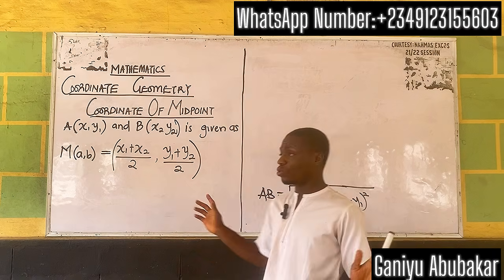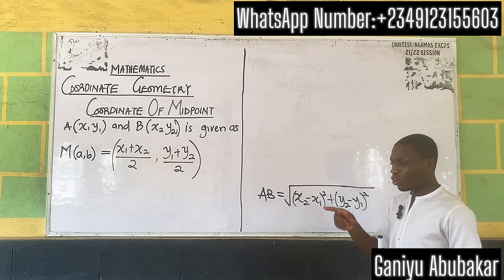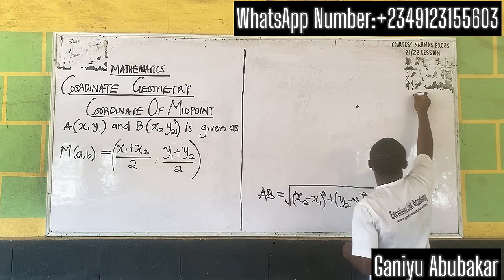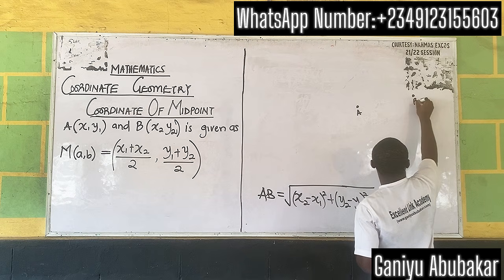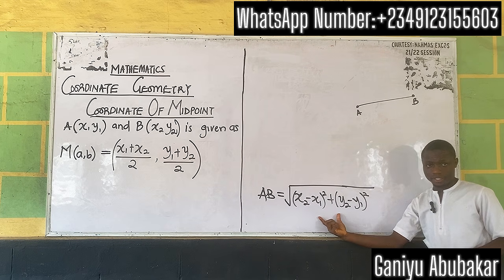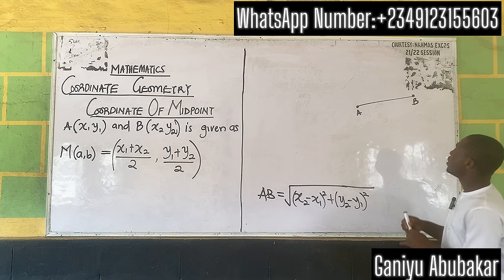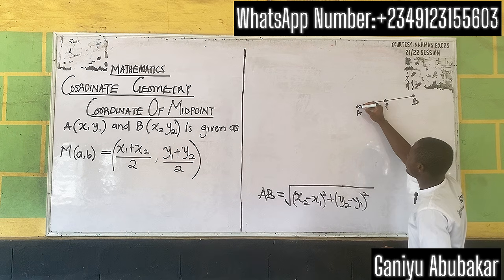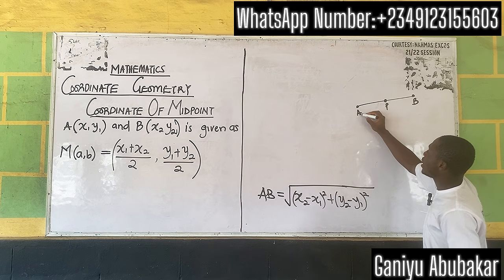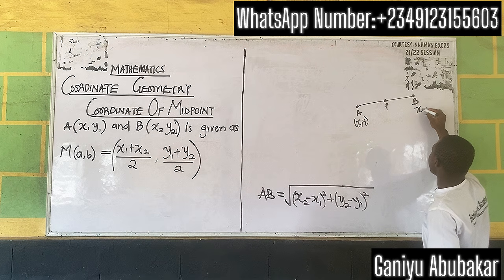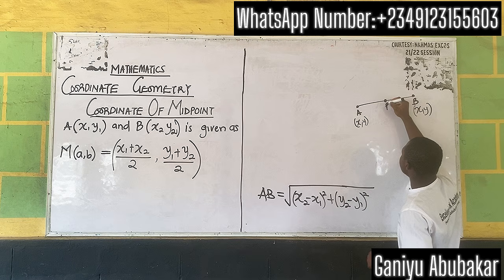Now, here is the idea to note. Last class, the first thing we discussed was distance between 2 points. So let's say I have a point A and a point B this way. For the distance between these 2 points, the formula you use is this. But if you are asked to find the midpoint, let me call this point P. Point A will have x and y coordinates, B will also have x and y coordinates, and similarly this point P, the middle, will also have x and y coordinates.